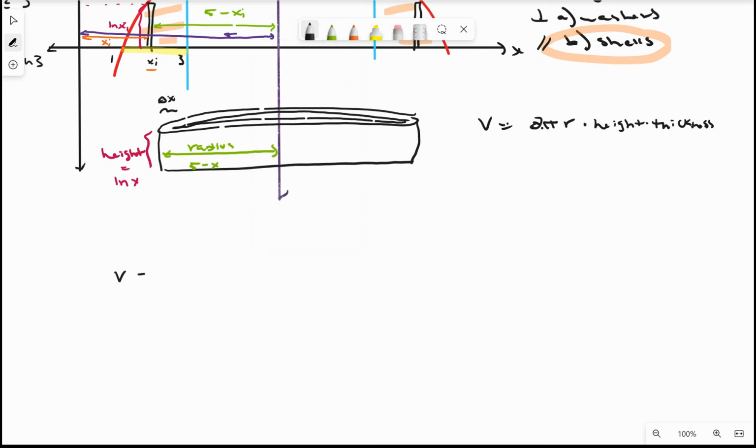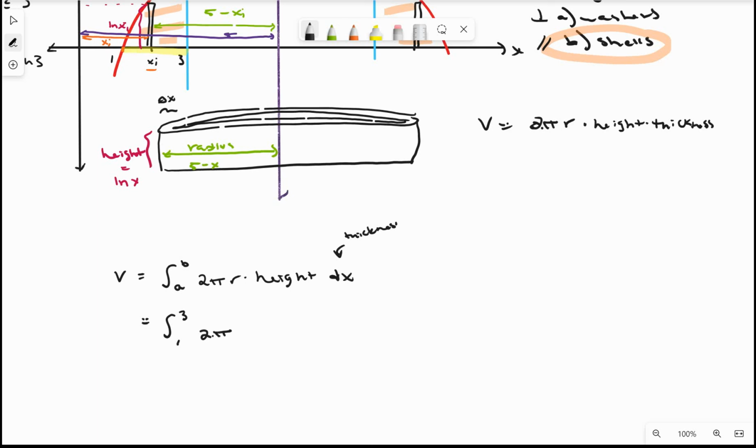The volume is equal to the integral from a to b of 2 pi r times height times dx, which is our thickness. And we already figured out the interval for x is 1 to 3.